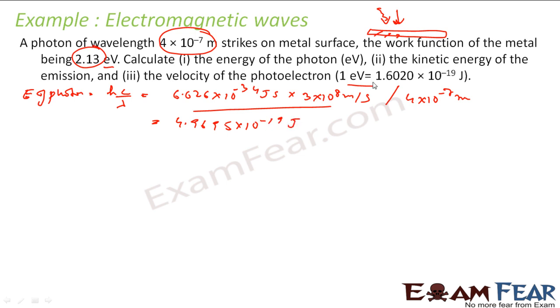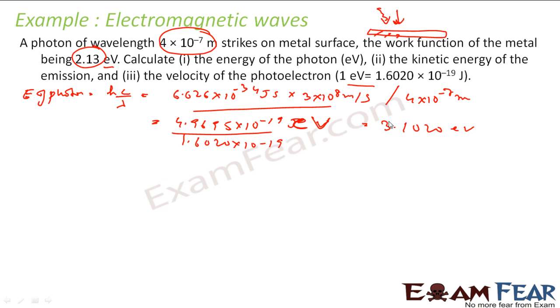But we don't want it in joules, we want it in eV. So 1 eV is equal to this many joules. If you divide this by 1.6020 into 10 to the power minus 19, you get the answer in electron volt, which is 3.1020 electron volt. So the energy of the photon is 3.1020 electron volt.